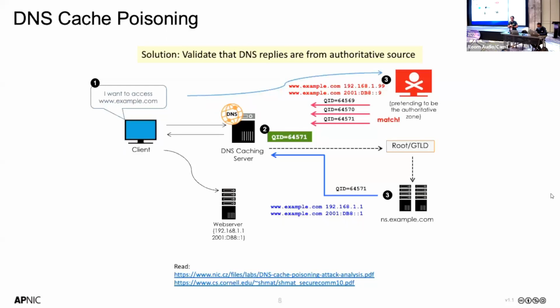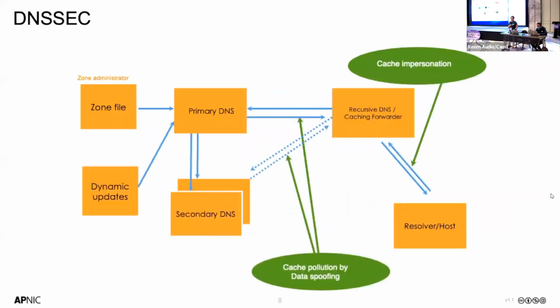As I've said, the solution is to validate that the DNS responses you're receiving are actually coming from the correct authoritative source. You've seen this initially, and what I want to show is that DNSSEC protects you from cache pollution, data spoofing, and cache impersonation.